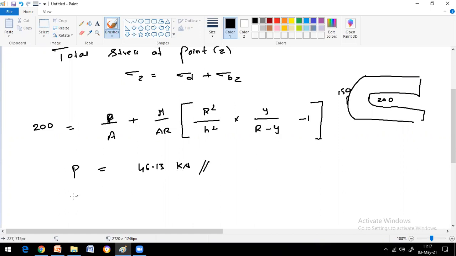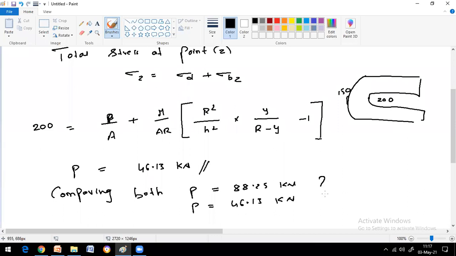Comparing both, one is 88.25 kilonewton and the other one is 46.13 kilonewton, which needs to be considered as the safe load out of these two.